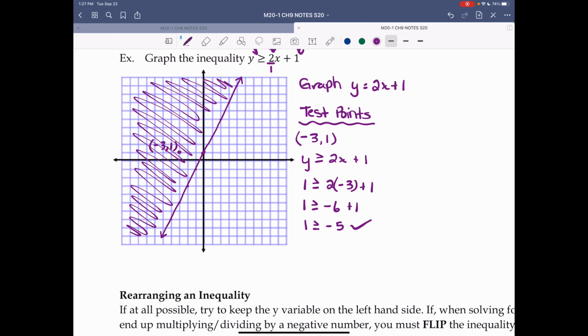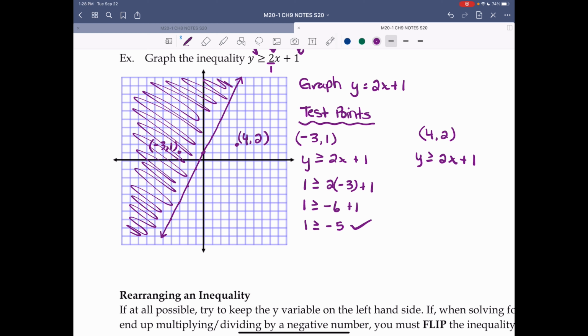Now, I could stop there, but I just want to make sure that I didn't make a mistake. So I'm still going to test a point that is on the other side of the line just to make sure. It should come out with an incorrect inequality in the end, but I just want to double check. So let's try the point 4, 2. y is greater than or equal to 2x plus 1.